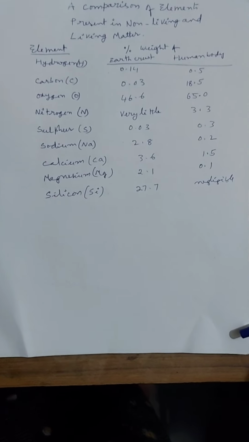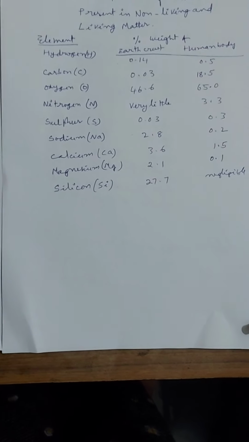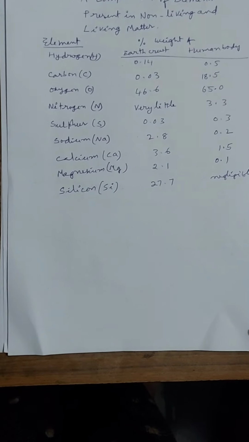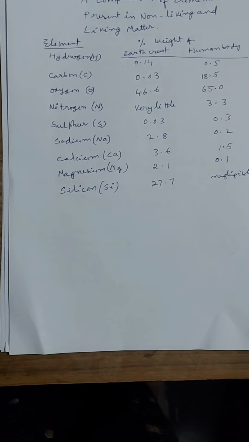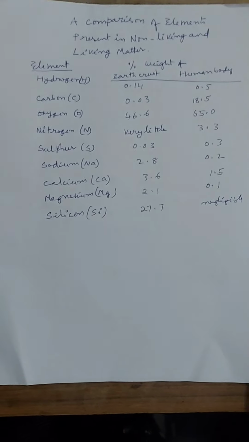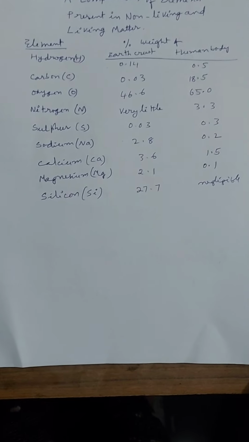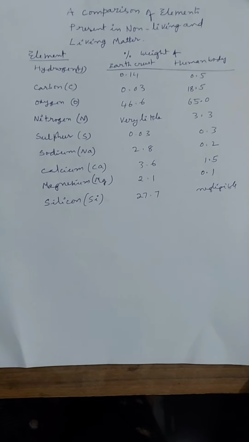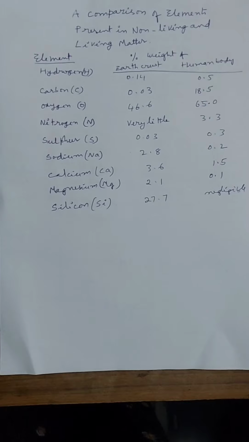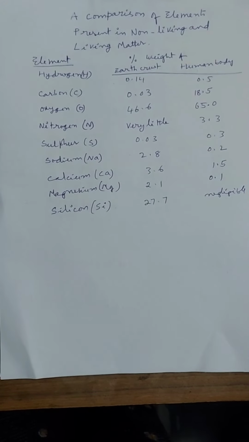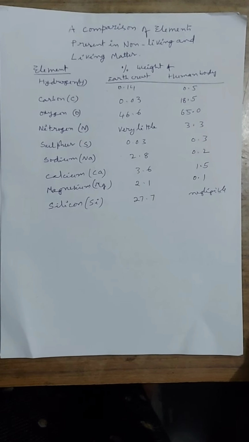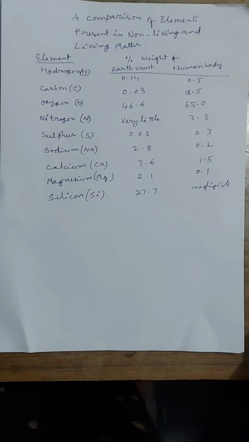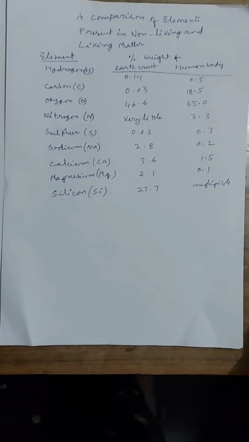Similarly, nitrogen is very little in the crust, and it is 3.3 in the human body. Sulfur is 0.03 and 0.3, sodium 2.8 and 0.2, calcium 3.6 and 1.5, magnesium 2.1 and 0.1, silicon 27.7 and negligible.